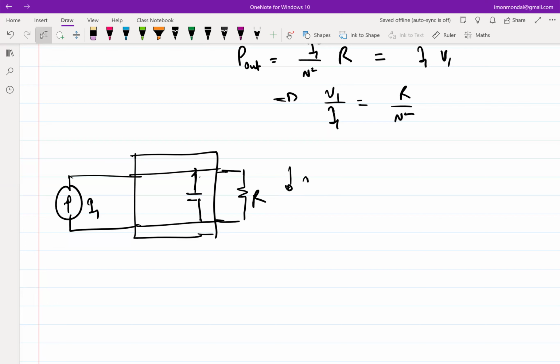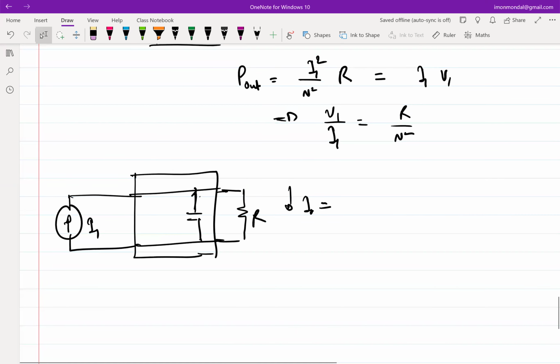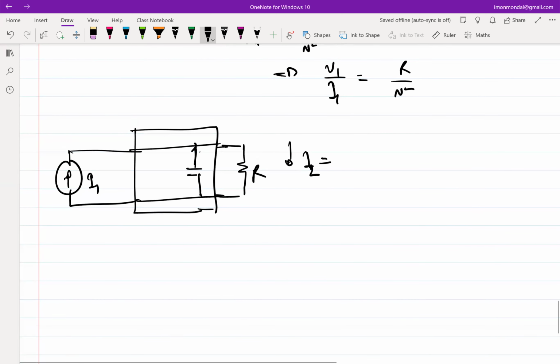So this I2 will be I1 times what? The conductance ratio, right? G upon G plus j omega C, right?